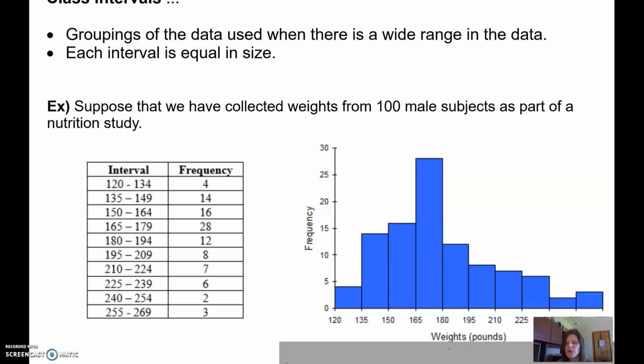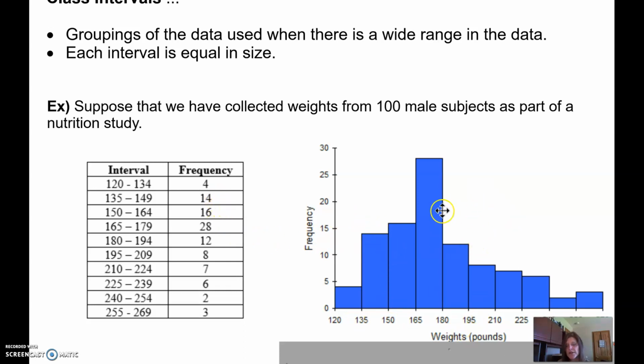You notice that I have the start of each class as the markers on the bottom, and they're equally spaced. So between 120 up to the 135, technically that's the 120 to 134 interval. We see just under 5, that's 4, right? From the 135 to the 150, it's almost at 15, but we know from the chart it's 14, and so on.